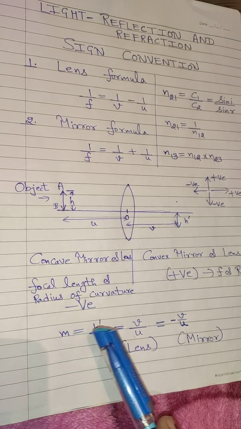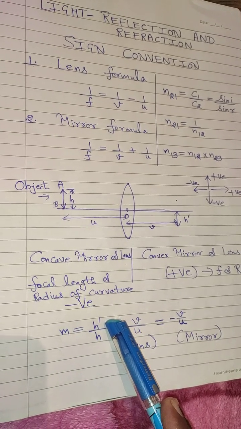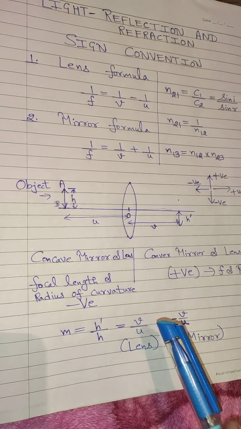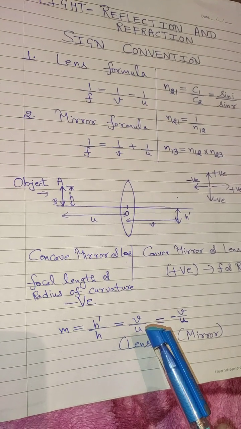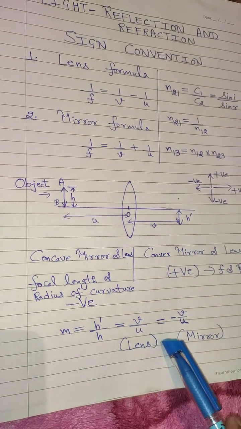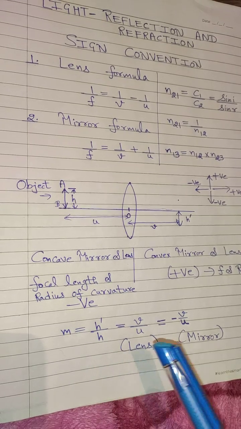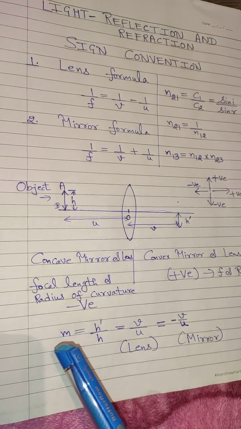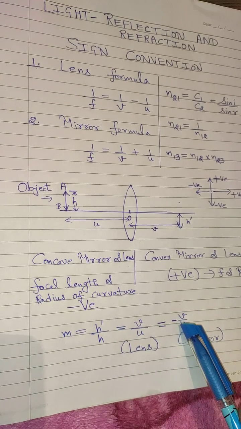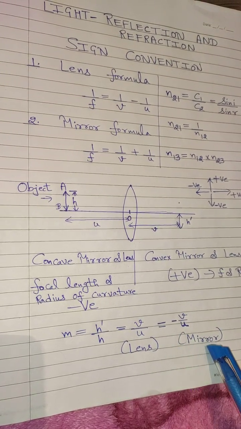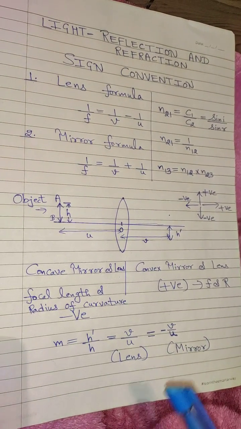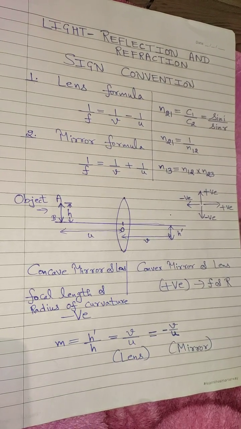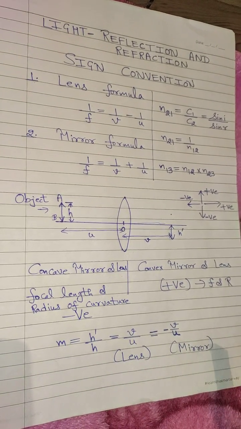So magnification is the height of the image upon the height of the object, and it is also equal to v/u in the case of a lens. So magnification m = v/u in the case of a lens, and m = -v/u in the case of a mirror. So for a lens it is plus v/u, and for a mirror it is minus v/u.